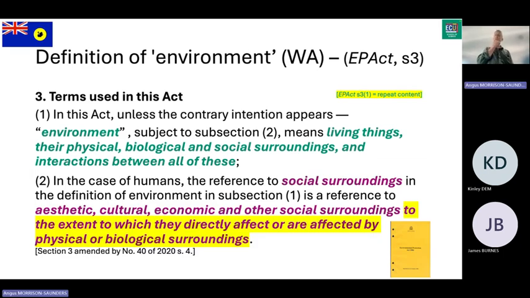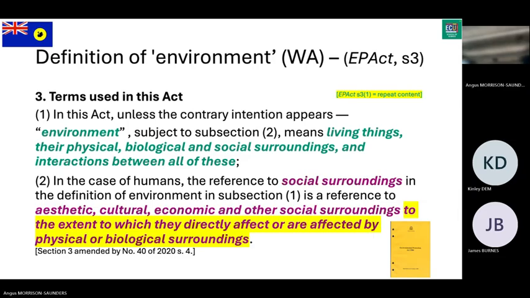Okay, last week we started to consider the definition of environment in Western Australia, and I promised you that we would return to this topic because of this mysterious subsection 2 in the definition. So last week I gave you the top bit in green.